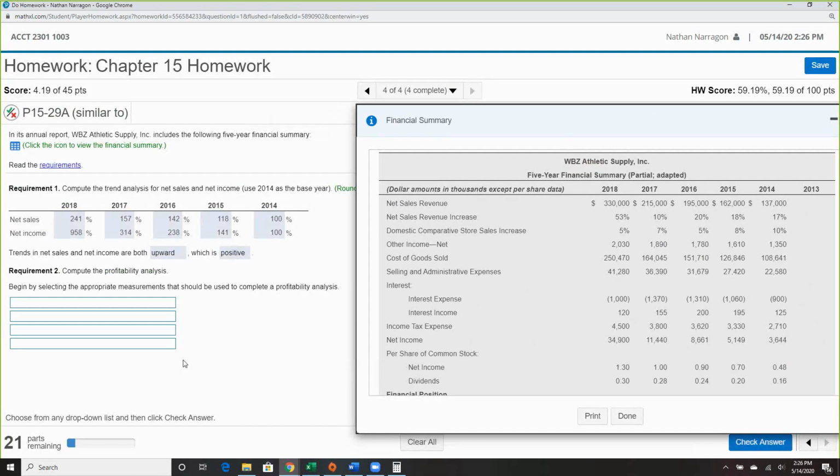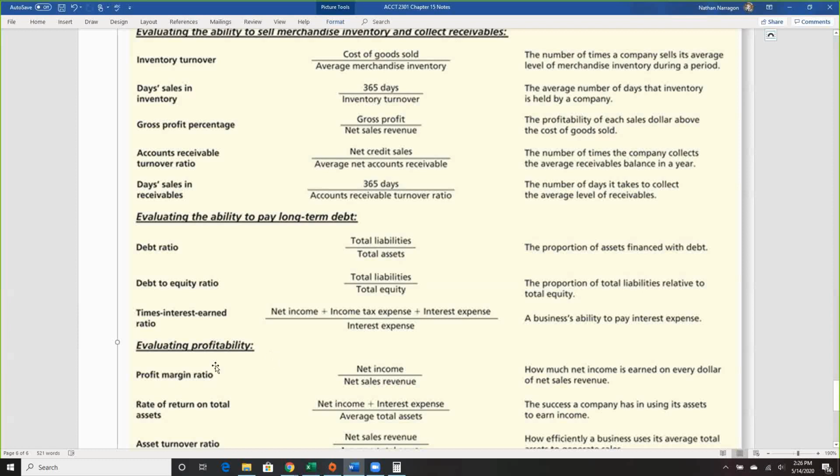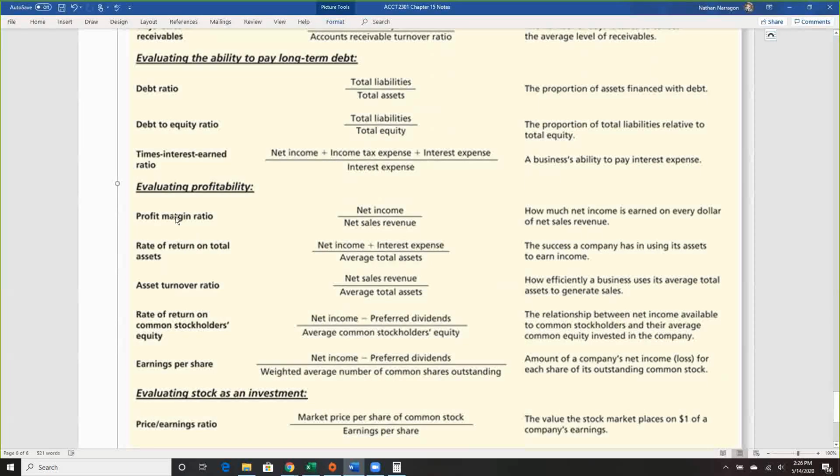Next, begin by selecting the appropriate measurements that should be used to complete a profitability analysis. Okay, so let's look up our notes on evaluating profitability.